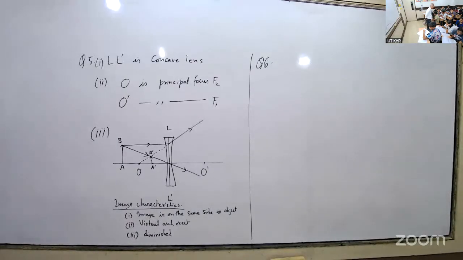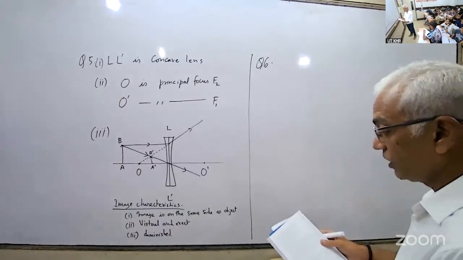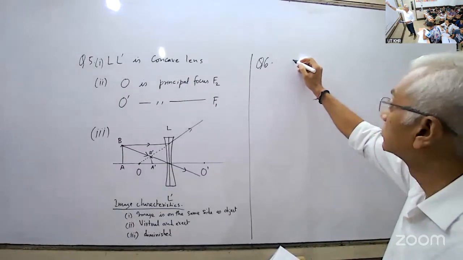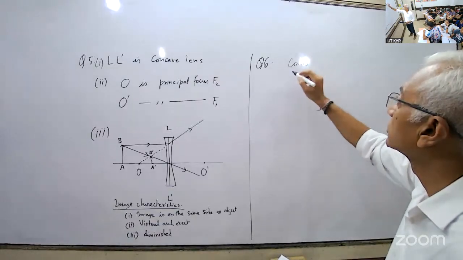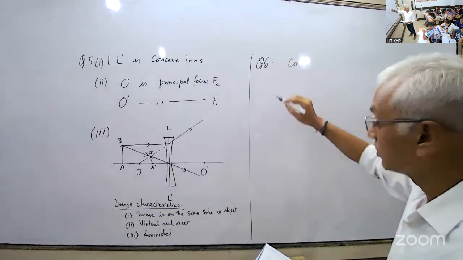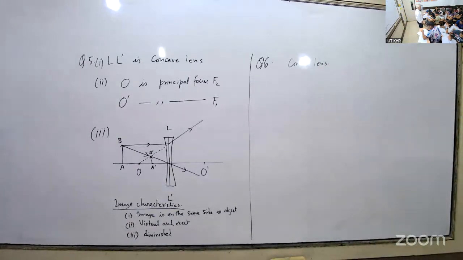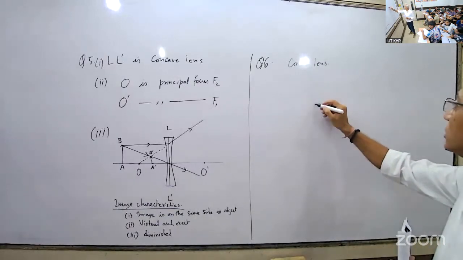Or 2F1. First of all, what you have to identify is to name the lens. It is a convex lens. Do you agree? Why? Because the image is on the other side, that means it has to be real and inverted. It is only found by a convex lens. So now you have to draw the diagram also.